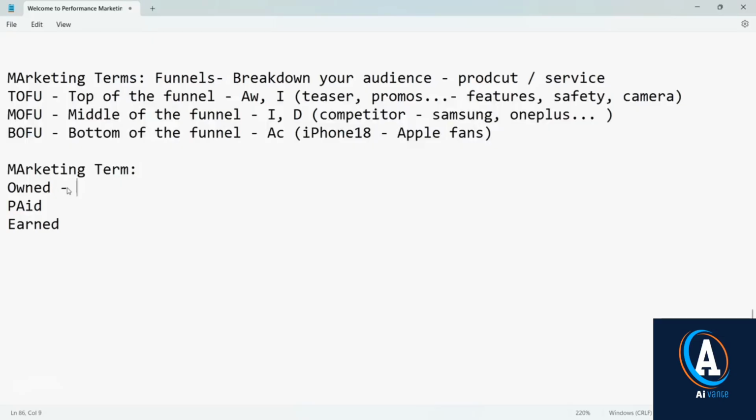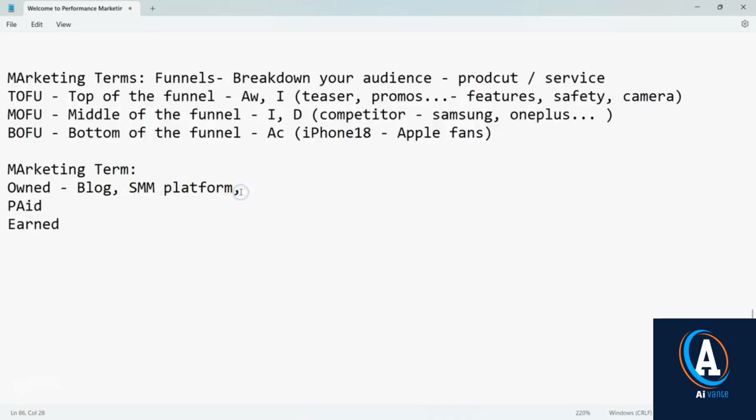What is owned? Owned is something that we have in our segment. For example, you have your own blog, like Apple has their own blog, say appleblog.com, right? Not a very innovative name, but yeah. Then social media platforms, you have your own Instagram handle, like Apple will have its own Instagram handle, and so forth.